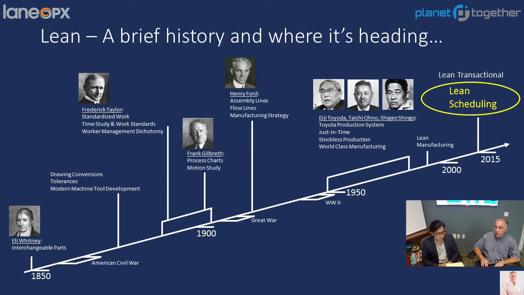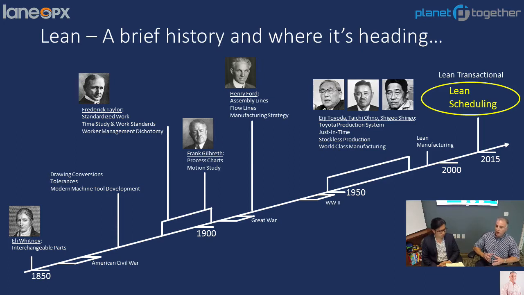So now that the world has become a lot more globalized, there's tremendous competition from Asia and from Eastern Europe, of course from China. There's a new paradigm taking place, and that's called lean transactional, where there's now more focus applied to what I call the systems, the methods, the processes.